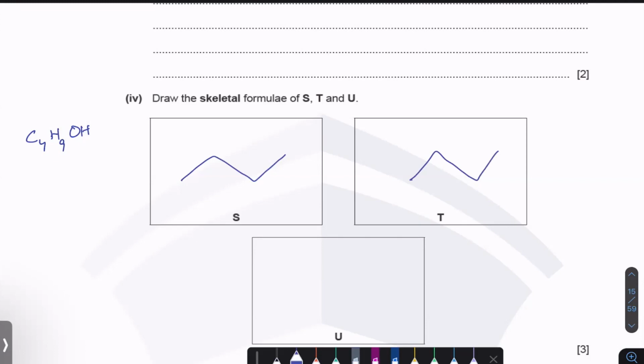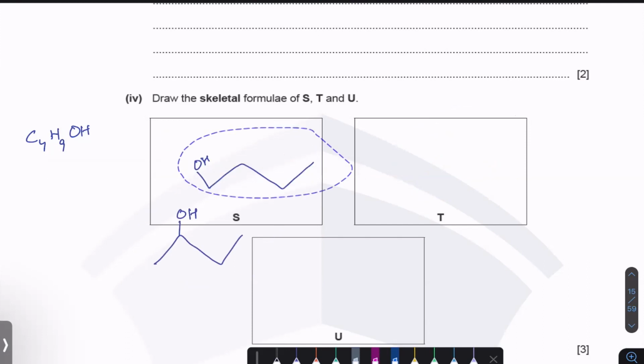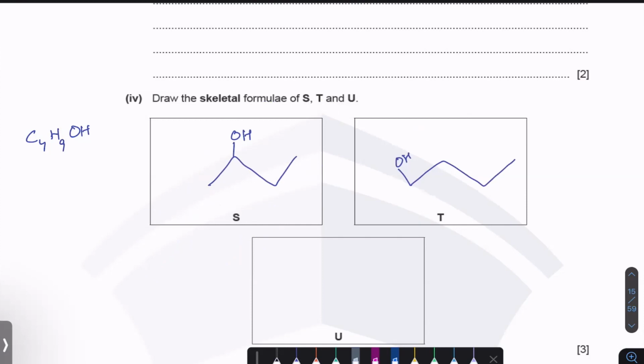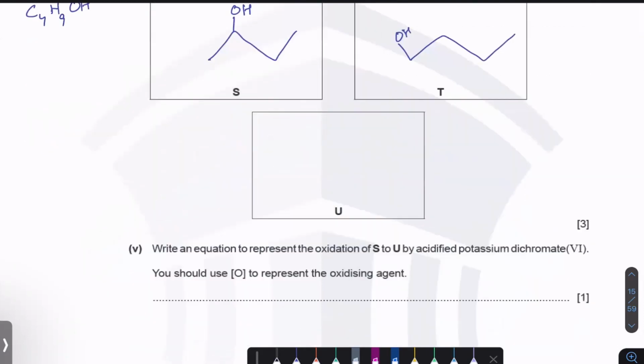And now OH is going to be there. OH can be on the first carbon or on the second carbon. Of course, right now, based on some extra information, I can tell you that T will be here and this will be here. But as far as you are concerned at the moment, this is fine. You should be able to come up with these two at least.